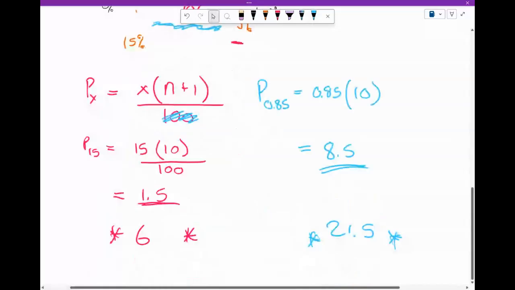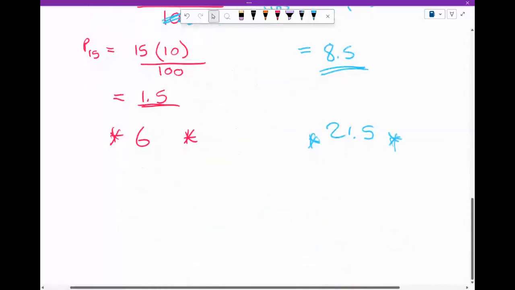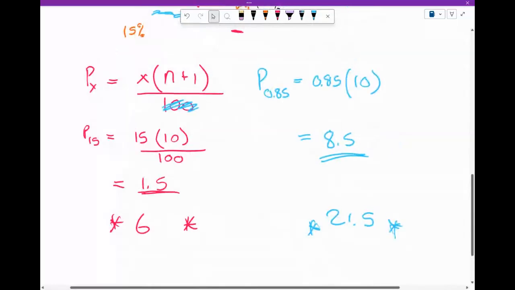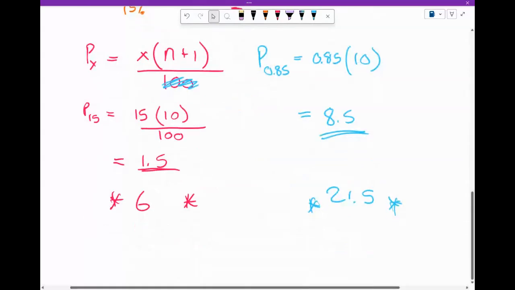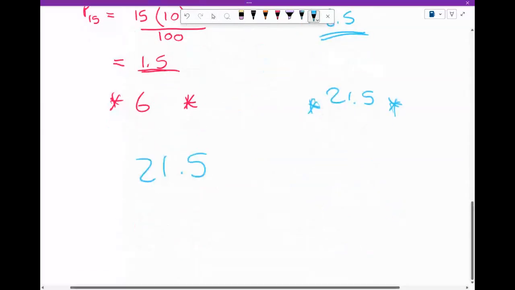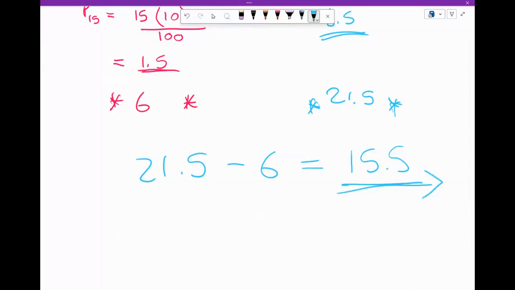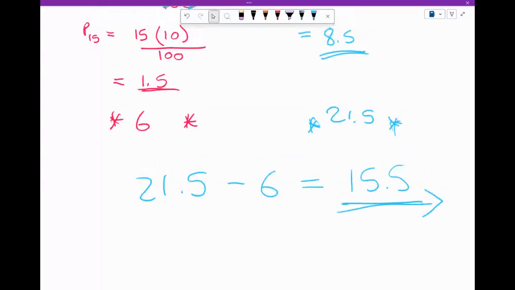We need to get the difference between these. We need to subtract the 15th from the 85th to get the middle 70%. When we subtract 6 from 21 and a half, what do we get? Okay, so now that's our final answer. Do you want me to explain?